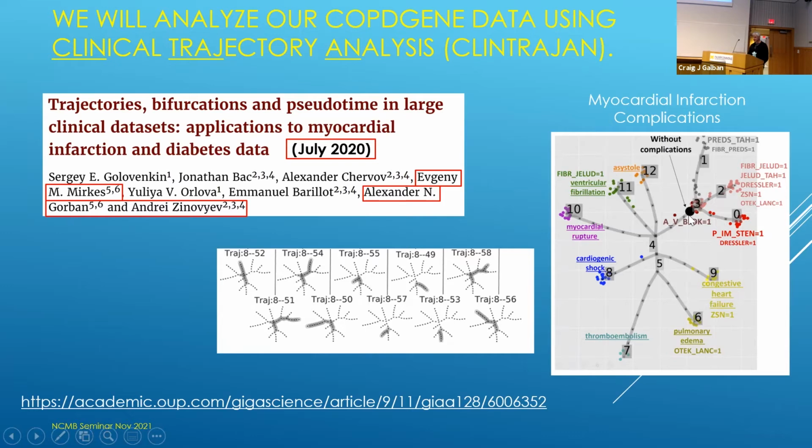They identified a point in space where you have patients that have negligible complications, and then you can identify trajectories or paths to specific complications such as myocardial rupture, pulmonary edema, and congestive heart failure, and you can look at what are the dominant features within this multidimensional data set that contribute to this path.